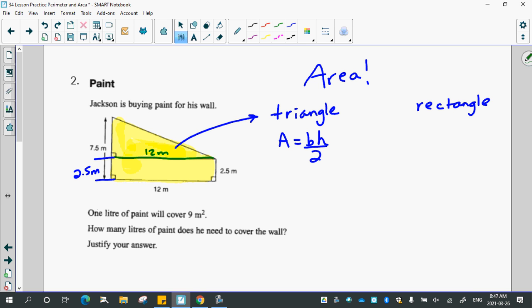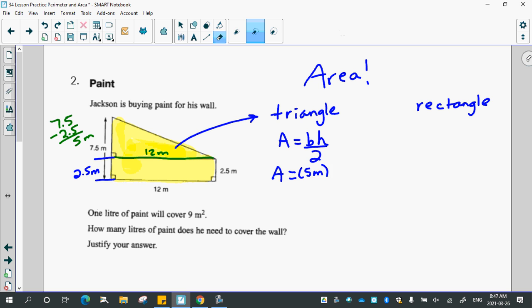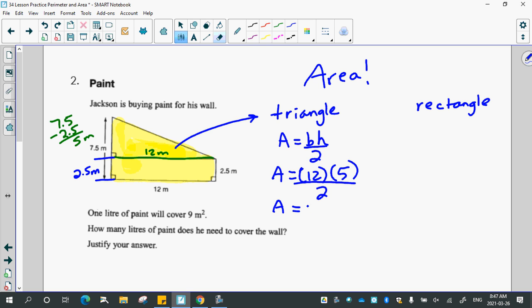I take the whole height, 7.5, and subtract off 2.5, and that gives me 5. I'll just put numbers in and leave the units till the end. Base 12 meters, height 5 meters, divided by 2 gives you 30 square meters. So that's the triangular portion.